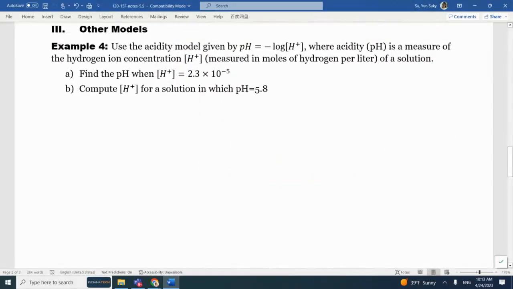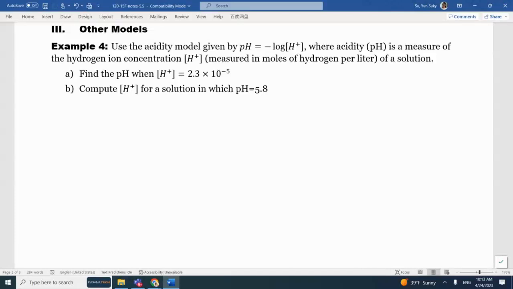Chemistry. Have you taken chemistry classes in high school? Okay, you know the acidity, right? The neutral is 7, right? Okay, so pH equals minus log of the hydrogen ion concentration. pH is a measure of the hydrogen ion concentration, in moles of hydrogen per liter of solution.